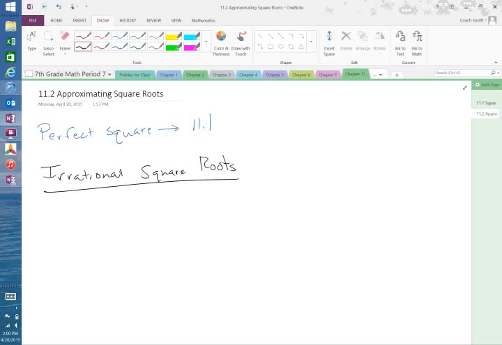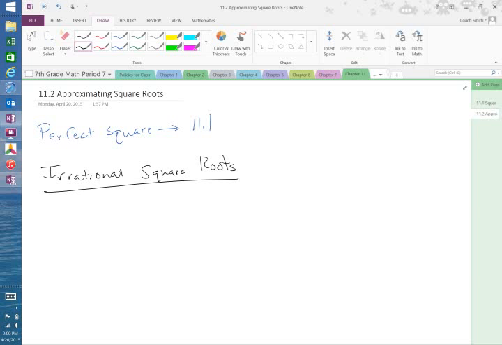Okay? So, for example, we know that the square root of 4 is what, Jesse? 2. Okay? Do we know what the square root of 5 is? No. It's not a perfect square, but there is a square root for it.